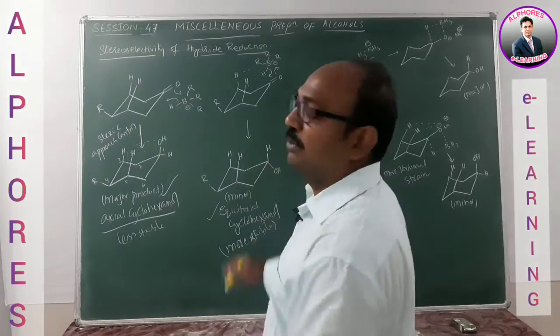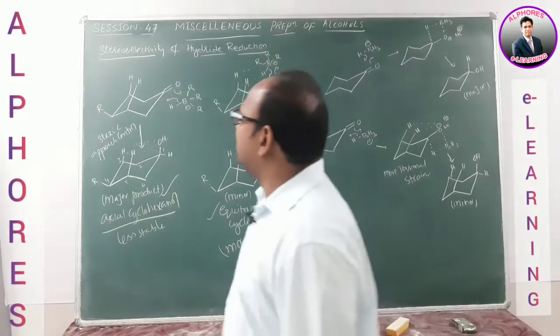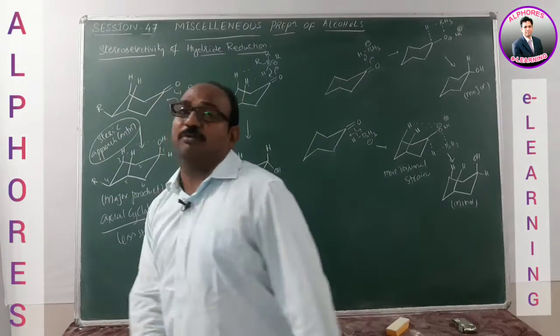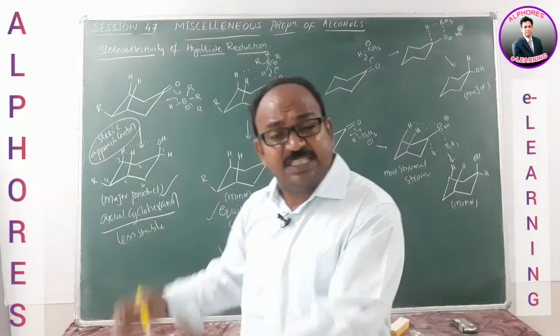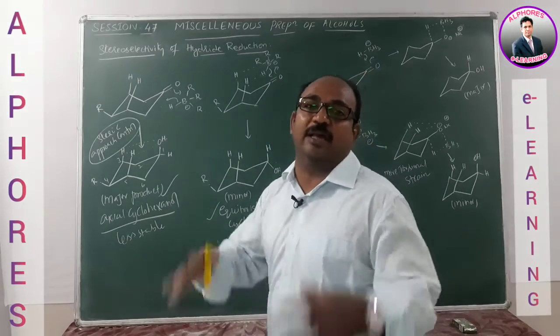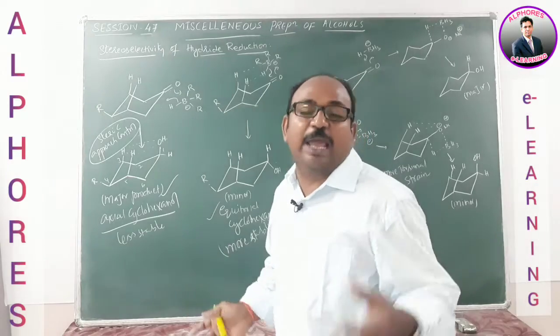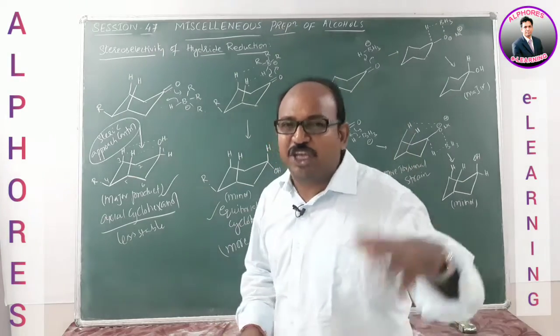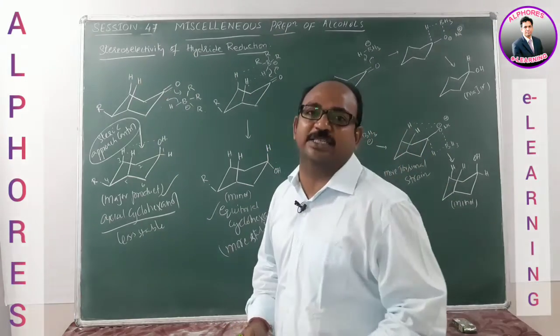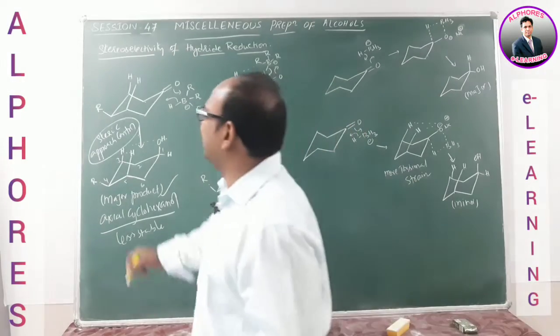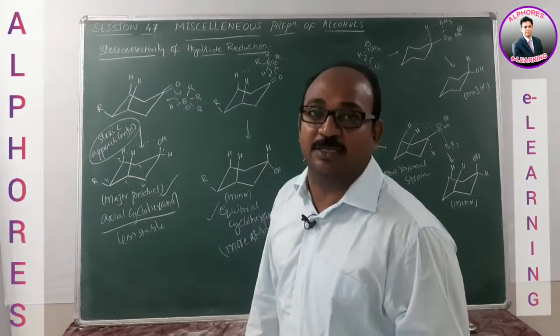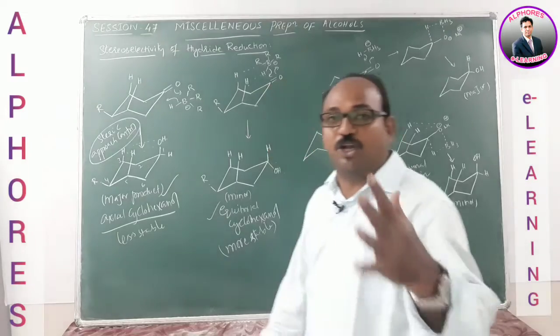This type of reaction we call steric approach control. Here, which one controls the complete reaction? The approaching of the reagent, the stereochemistry of the approaching reagent. That is what we call steric approach control reactions.